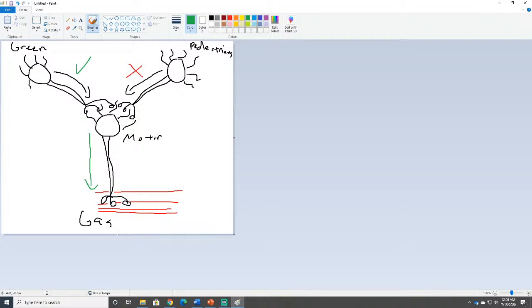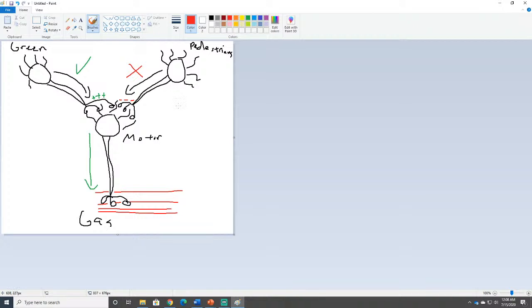Okay? And we can actually do that. So the green neuron would release stimulatory neurotransmitters, and the pedestrian neuron would release inhibitory neurotransmitters.